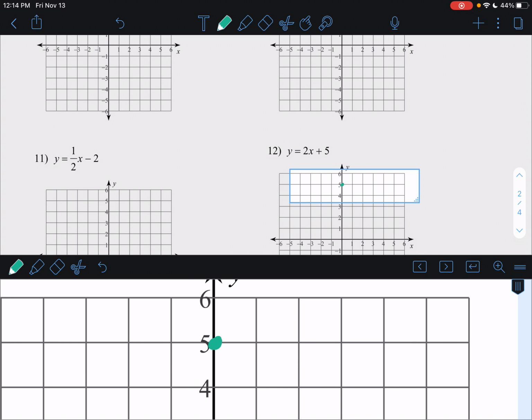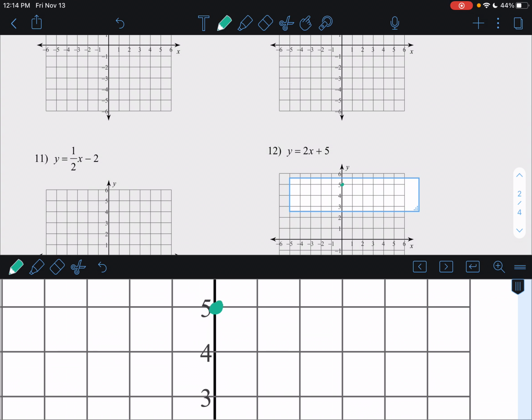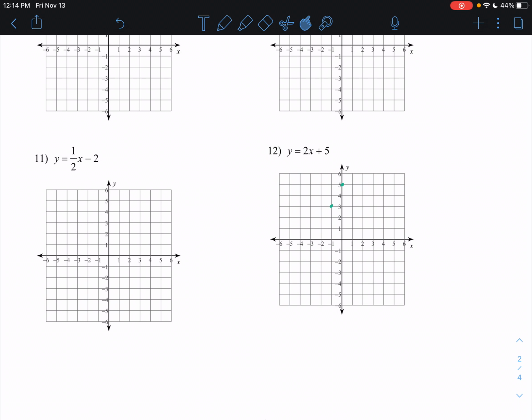But what if I just do the exact opposite? What if I go down 2 and left 1? That does work. So typically, you would want to go up and right, but if you can't go up and right, go down and left. If it's positive slope, of course. So yeah, that would be your second point for number 12.